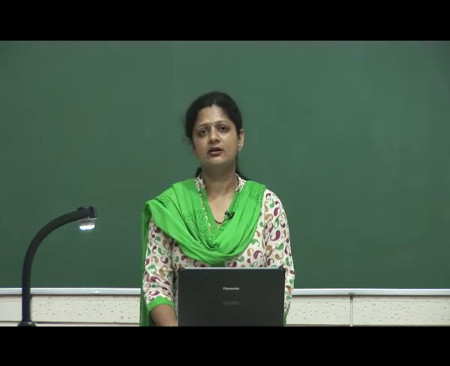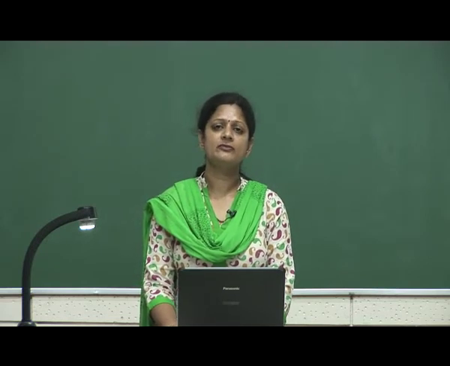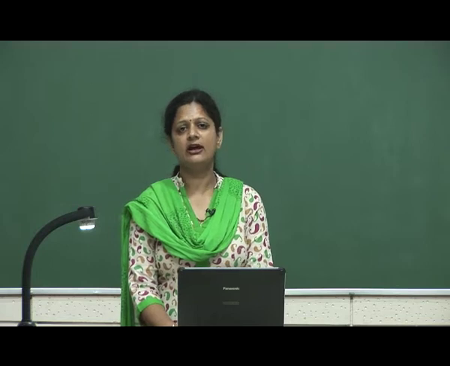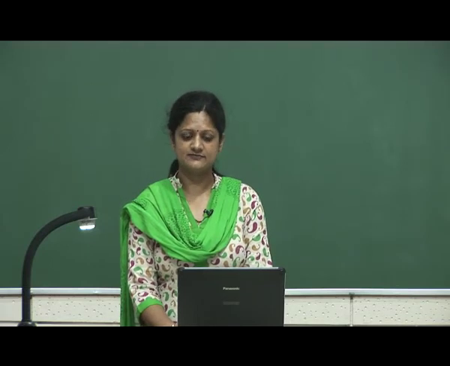For that, the bacterial genome forms loops with the help of proteins called IHF, that is integration host factor, and DNA binding proteins. After the formation of loops, the loops get supercoiled, and that supercoiling is negative supercoiling, which helps further packing of the DNA length, and this is how the bacterial genome gets incorporated into the bacterial cell.